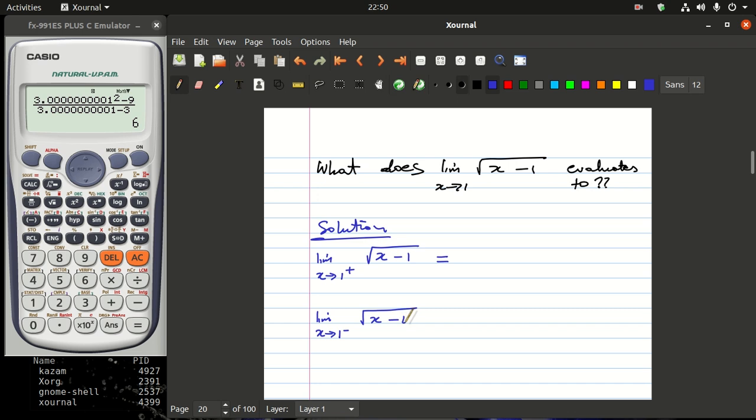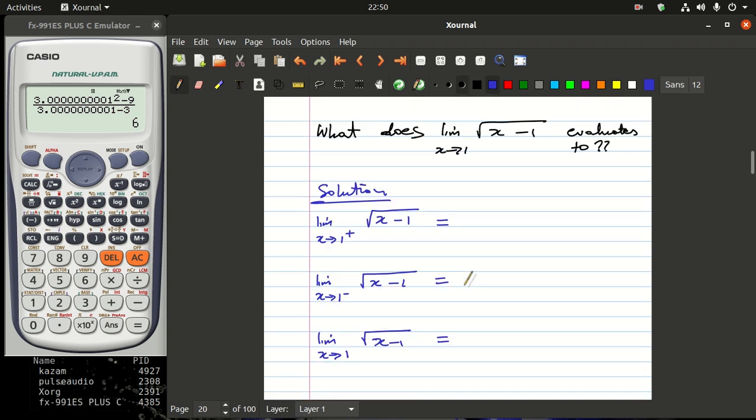And then finally, I will look at the limit as x approaches 1 of this function here. Okay.